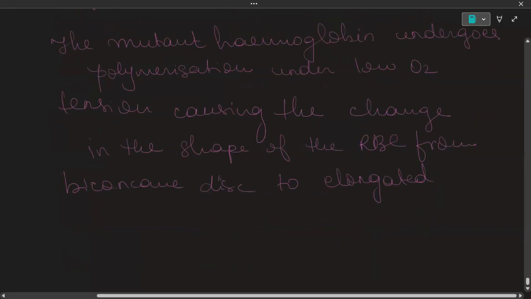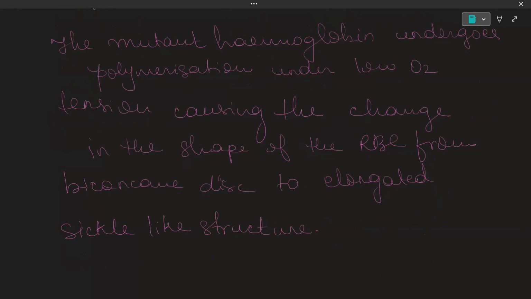To elongated sickle-like structure. Okay, this much is clear. Any doubts? Okay, so we have done another.